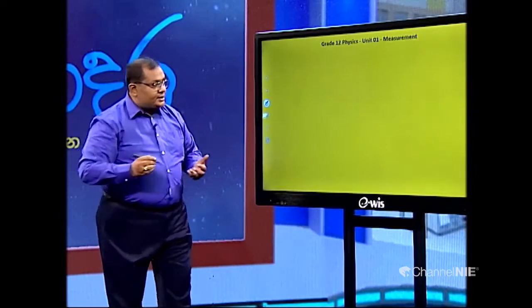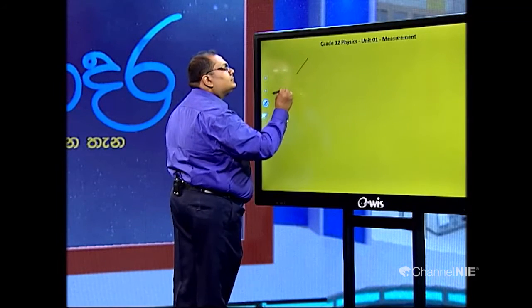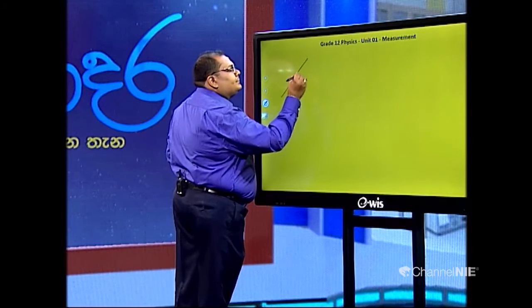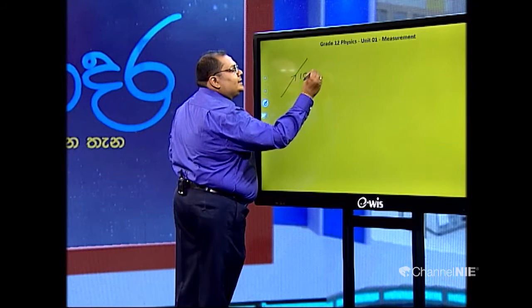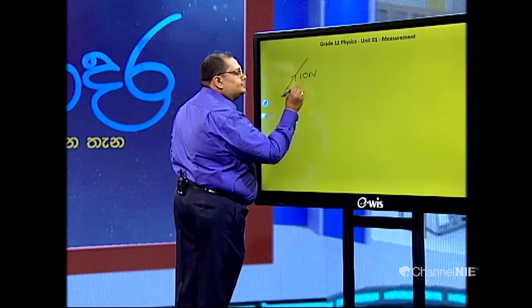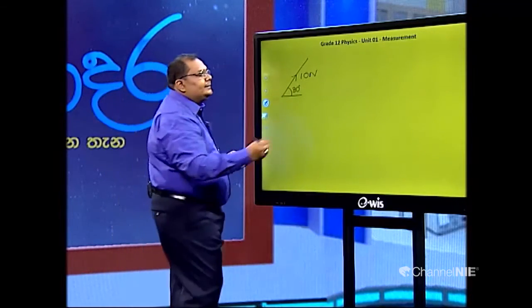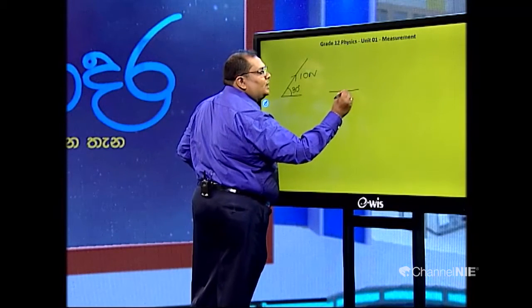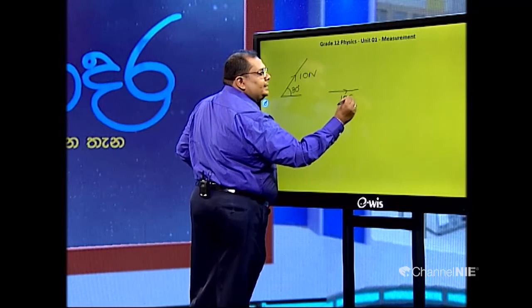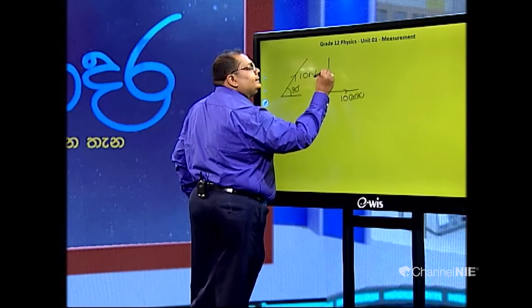With many directions. First one we are given 10 newtons, angle 30. You can resolve this: 10 cos 30 horizontal component, 10 sin 30.